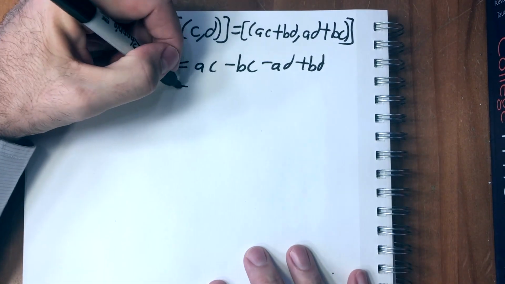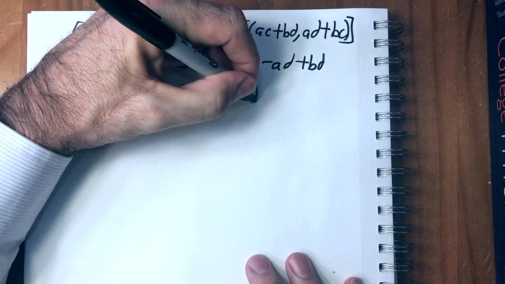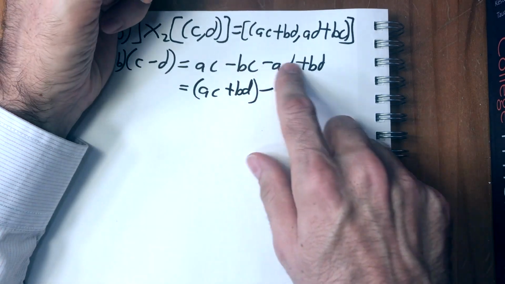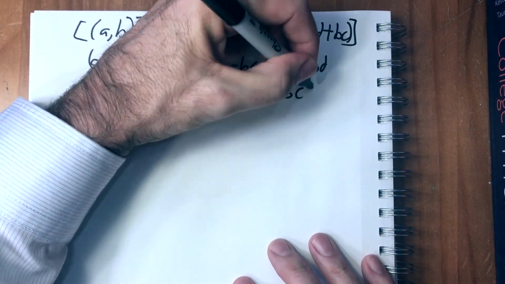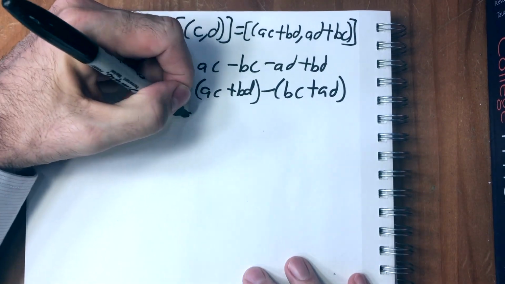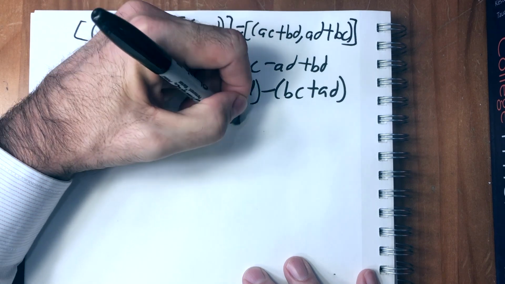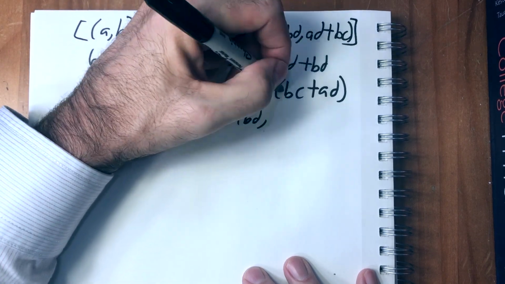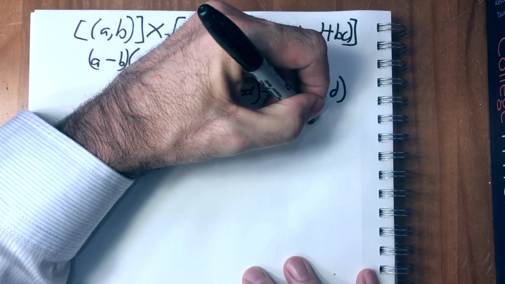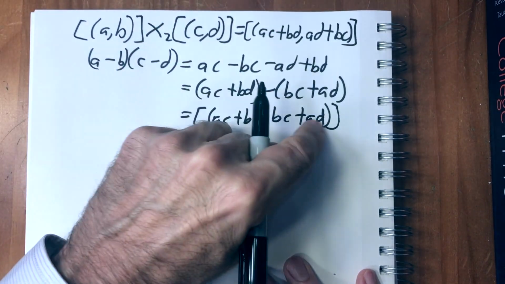So rearrange them, we have ac plus bd, minus, take out a minus, and we have bc plus ad, and then a minus, you can just rewrite that as (ac plus bd, comma, bc plus ad). And that's what we have rearranged.